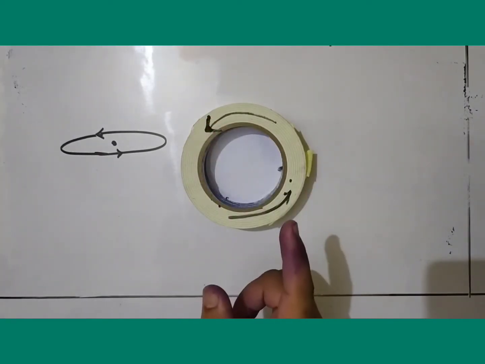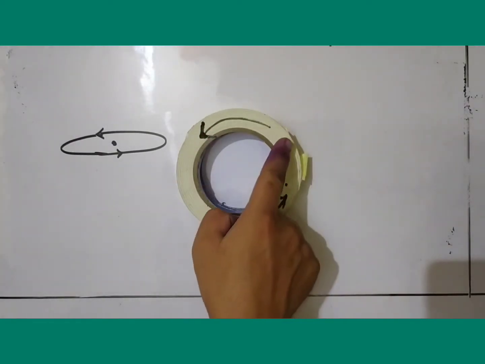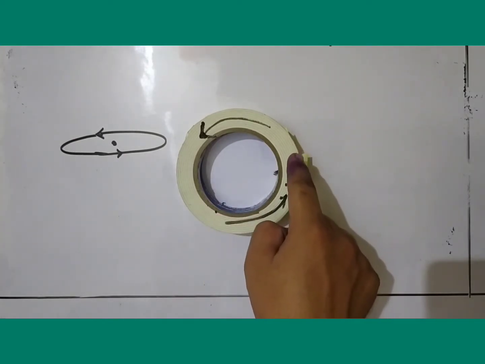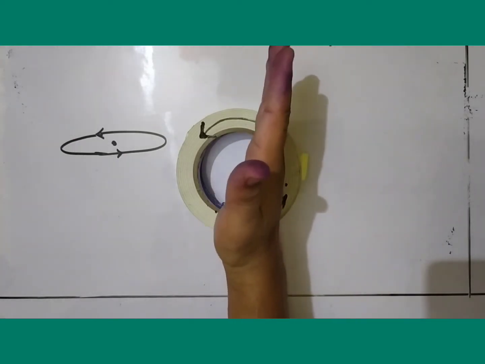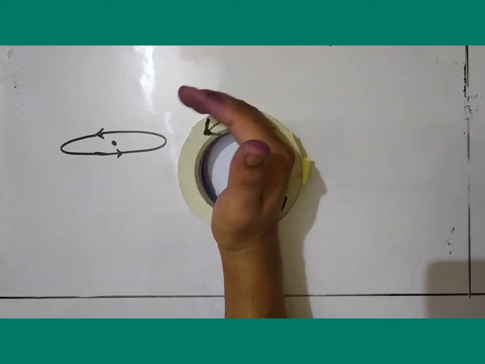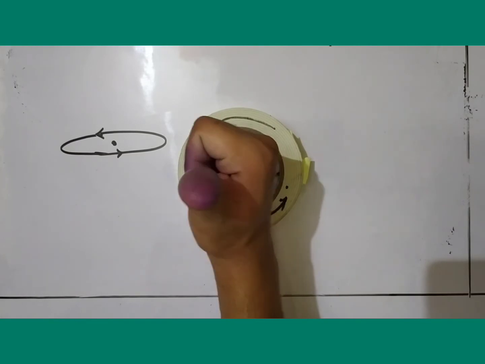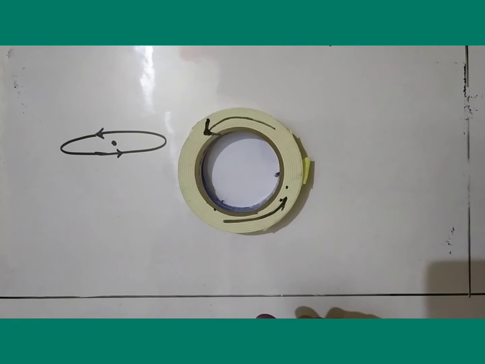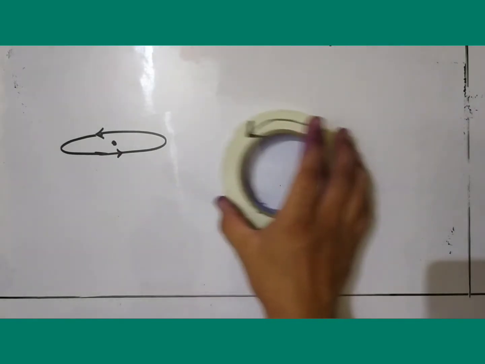I am repeating this: if the current is flowing anti-clockwise, we curl our right hand's fingers along the direction of the current, and the thumb will represent the direction of the magnetic moment and the area vector.